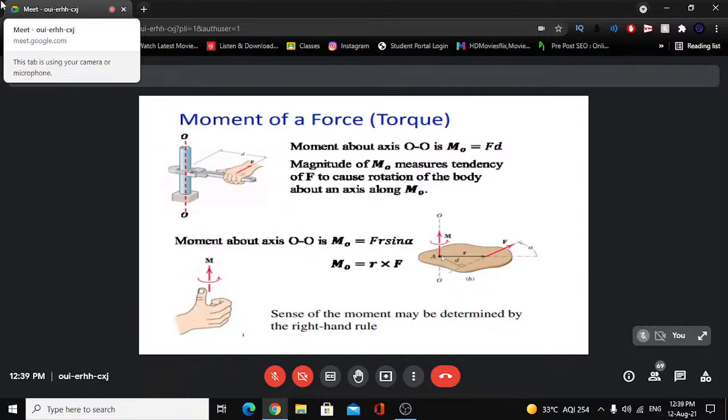Vector F and vector R are coplanar, and the moment vector at A will be perpendicular to this plane. So F R sine alpha is the moment about axis OO, and this is nothing but R cross F.